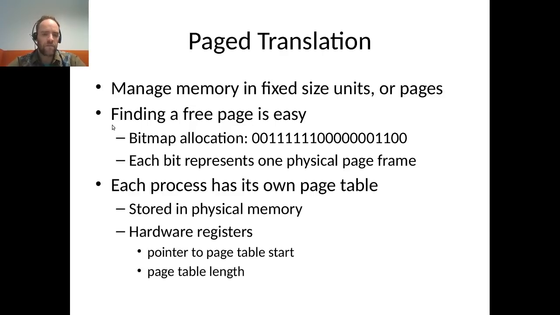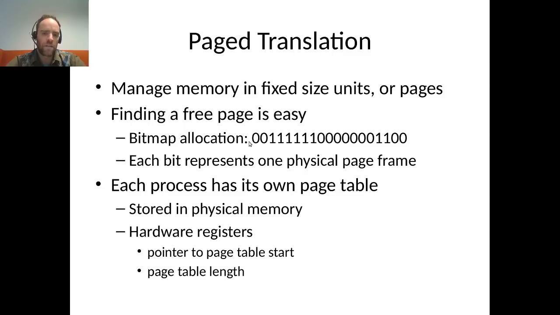It also makes finding free pages easy. So we need a place in memory. We just have a list of free or non-free regions, and we can simply assign a new page to that region. For example, with this type of bitmap organization, we proceed as follows.